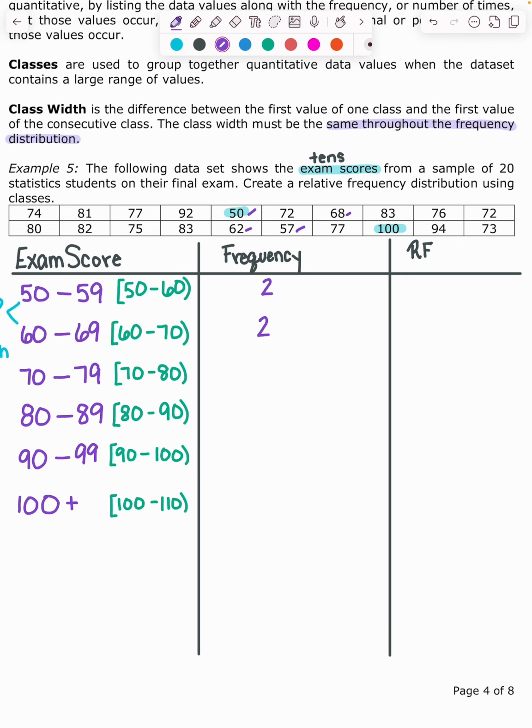70 to 79. 1, 2, 3, 4, 5, 6, 7, 8. 80 to 89. 1, 2, 3, 4, 5.